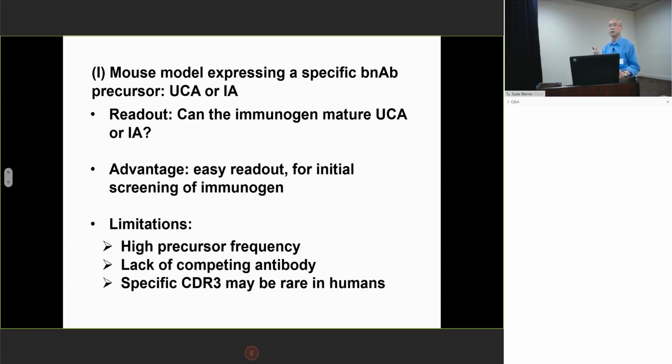In a real human public immunization situation, a lot of people may not even have that CDR3. So this really is just to see whether the immunogen can work at all. Of course, if it doesn't work, then there's no point in going further, so you have to go back to the drawing board.